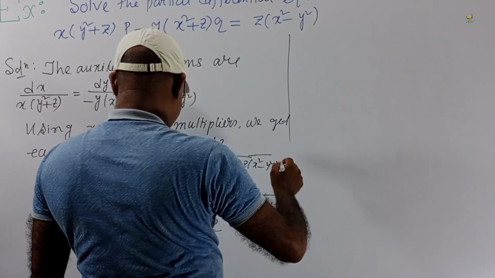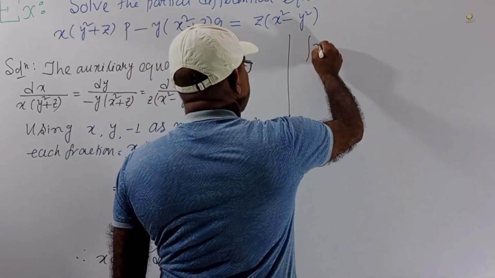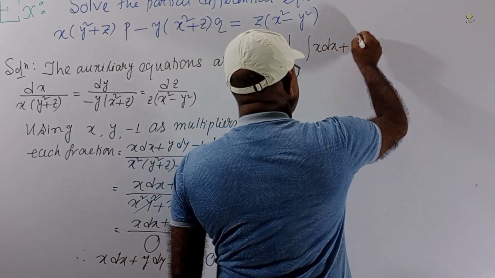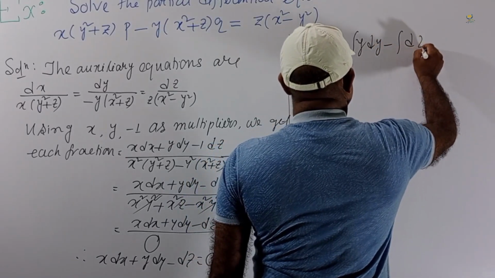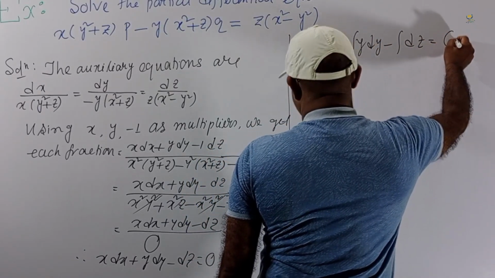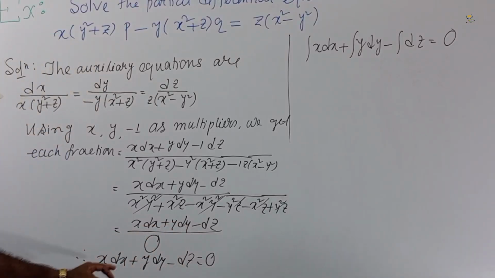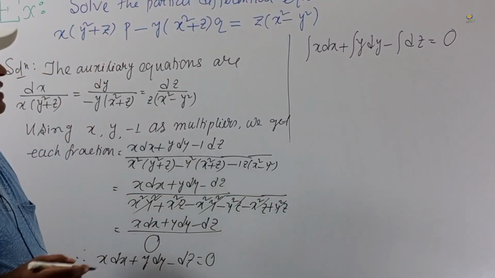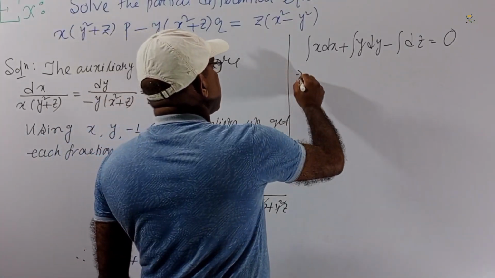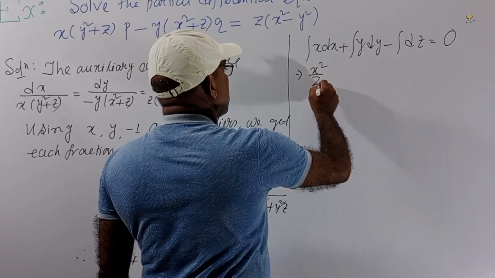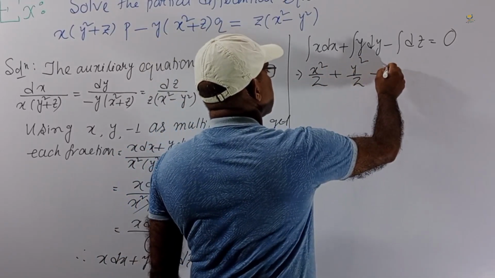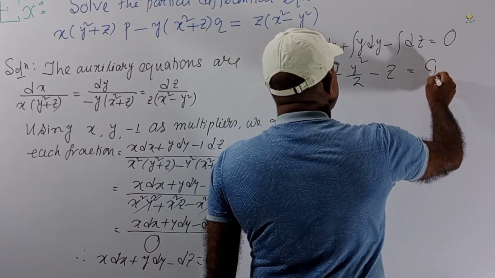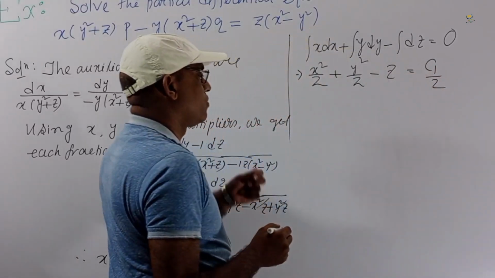If we integrate, integration x dx plus integration y dy minus integration dz equal to 0. We integrate x dx, integration y dy, integration dz. Integration x dx means x square by 2, this is y square by 2, this is z, this is c1 by 2.